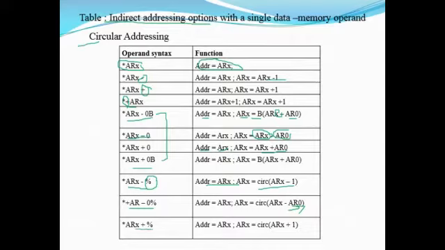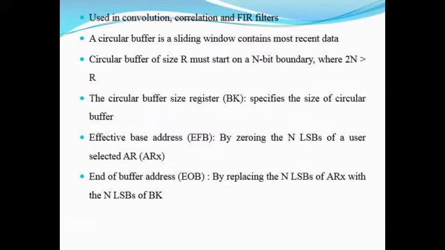Then ARX plus percentage is the same circular addressing mode used with the increment operation. These instructions are normally used for convolution and correlation, which is used in an FIR filter.